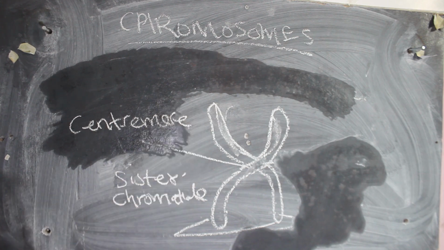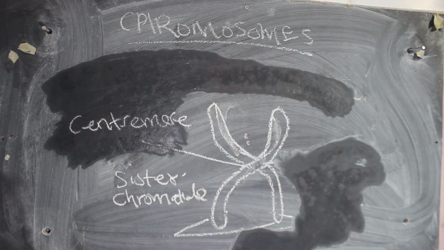So this is just a simple structure of a chromosome. Now this is where the genetic information is carried, this is where you find the genetic information being carried.